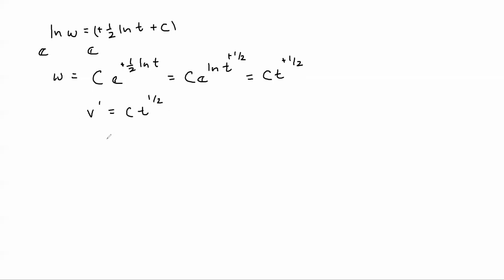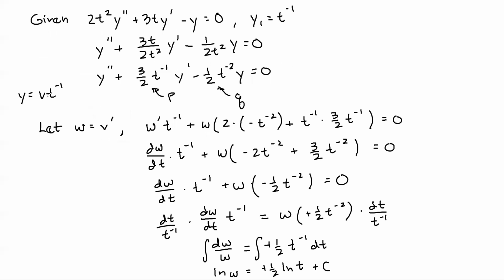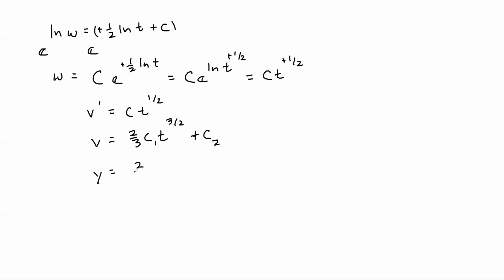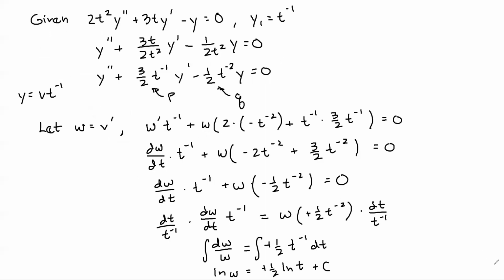And then you can integrate both sides, and you'll get v equals 2/3 c t to the 3/2 plus another c, and let's just number the c's here. We'll make that c1 and that one c2. And then if you take that v and plug it into this v here, we'll get y equals (2/3 c1 t to the 3/2 plus c2) times t to the -1.